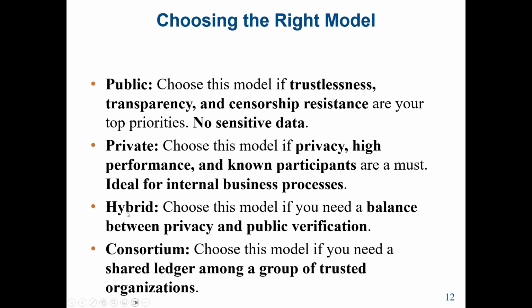Then hybrid will be, as we said, a mixture of public and private. We may have some sections public, some sections private. So you choose this model if you need a balance between privacy and public verification. Then we also talk about a consortium. Choose this model if you need a shared ledger among a group of trusted organizations. So this is also private, but as we said earlier, a group of members, not a single one, and not fully decentralized.